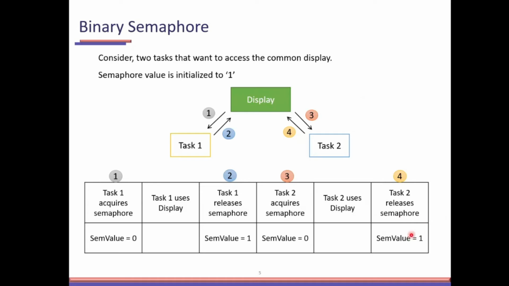On releasing, its value is incremented by 1 again, so it is available if any task wants to use it. This is how synchronization is done using a semaphore.